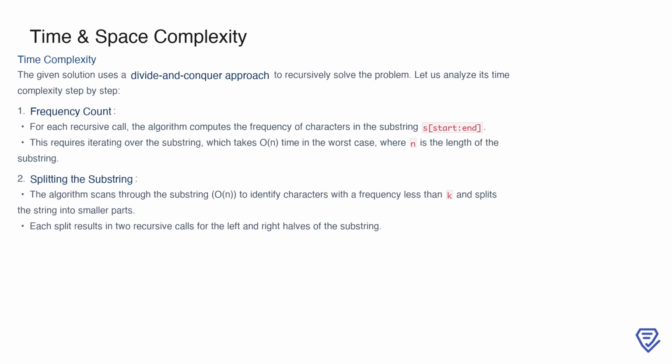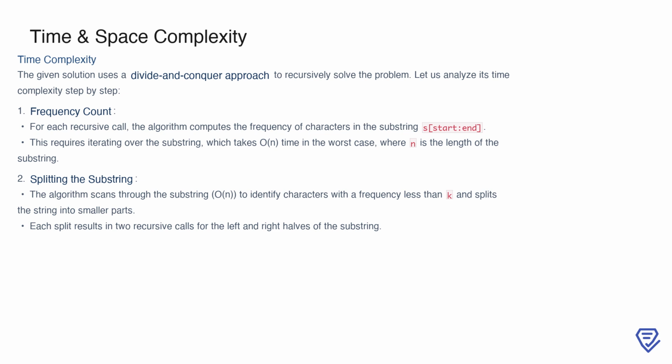The time complexity of this solution primarily stems from its divide and conquer approach. To break it down, the algorithm first computes the frequency of characters within the current substring. This involves iterating through the substring, which takes O(n) time, where n is the length of the substring being processed. Next, the algorithm scans through the substring again to identify characters with a frequency less than k.